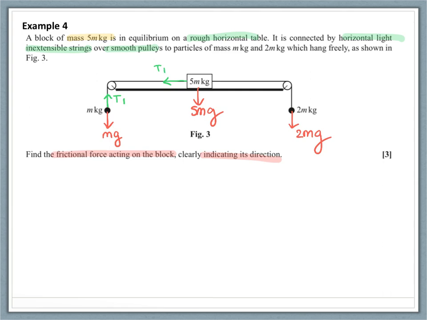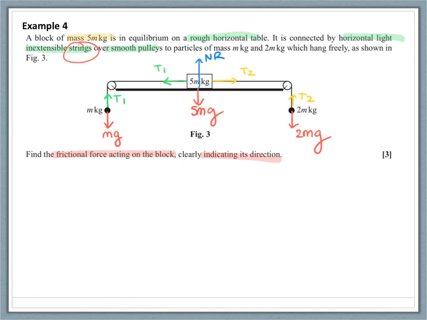There will be a different tension here, balanced by a tension here. There are 2 separate strings. This means that each separate string will have its own tension values. So we have to use T1 and T2 for this to be correct. The last force acting vertically is a normal reaction force of the table pushing up on the 5m block.